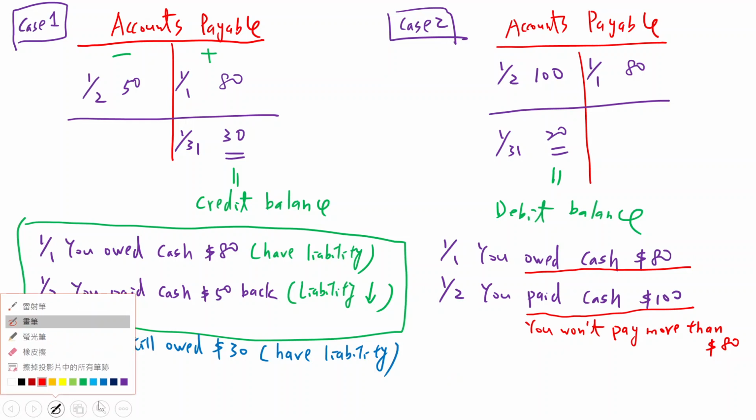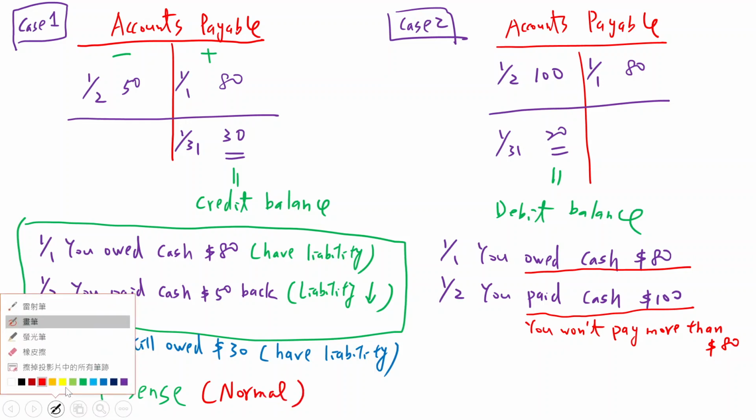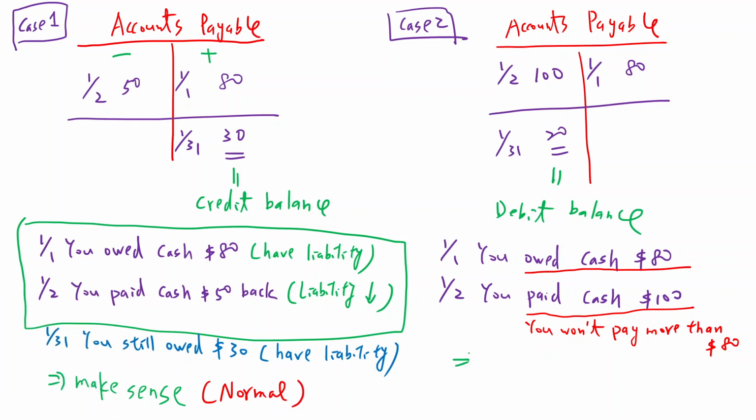So which case makes sense? Case 1, right? So case 1 makes sense. So we will say that's normal. How about case 2? You know that's impossible.